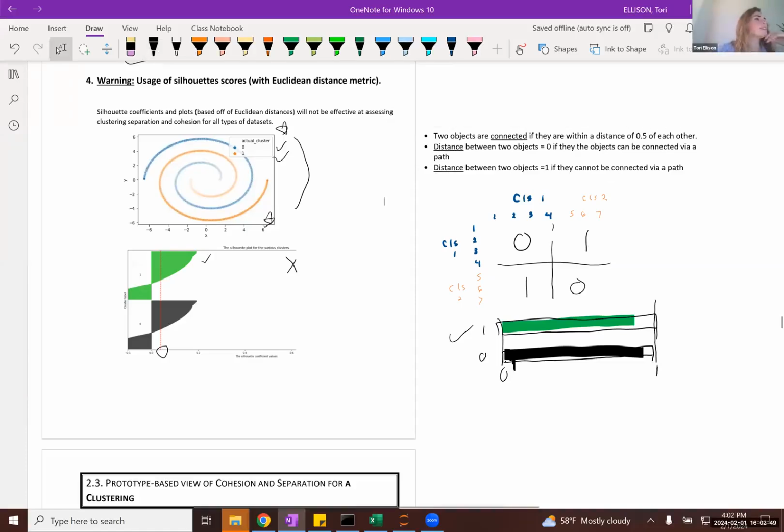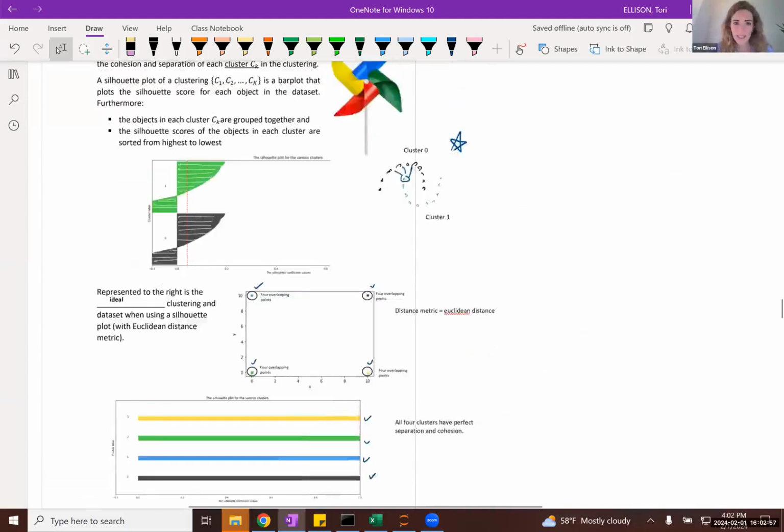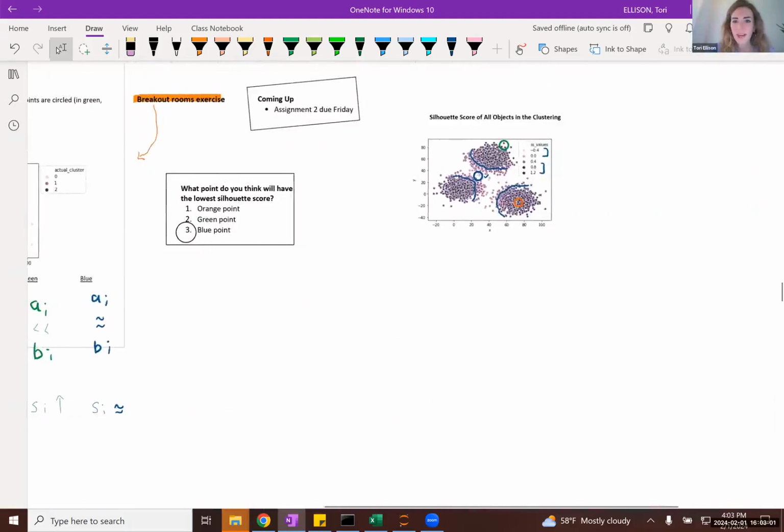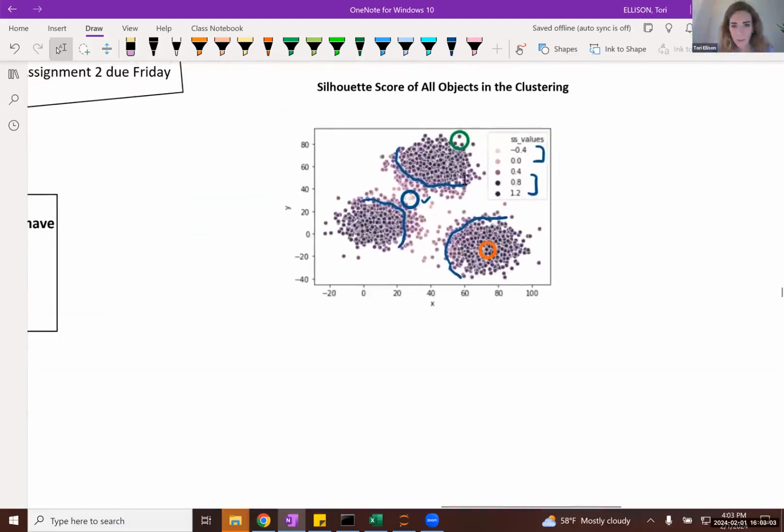So I'm seeing a question here that says, wasn't there also a silhouette score of like 1.2 in that orange, blue, green example? Technically not. While the legend does go up to a value of 1.2, that's just in terms of how it's choosing to create the buckets for the color coding.